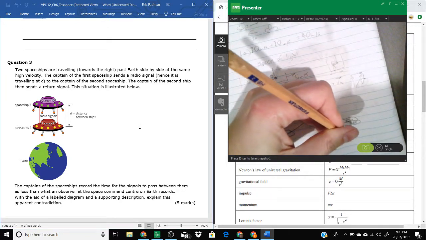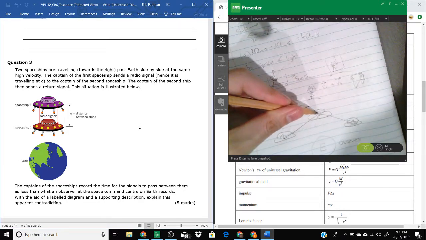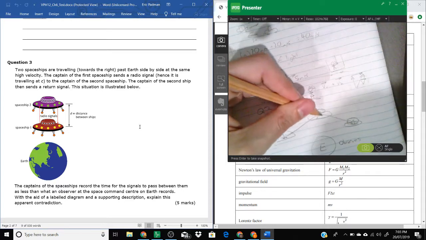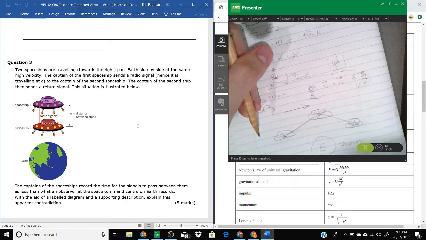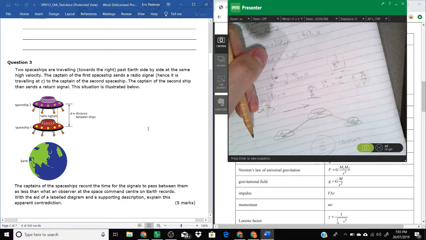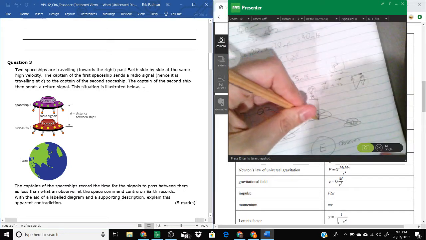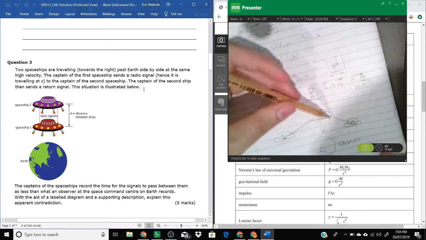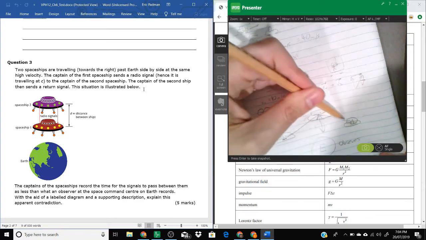So Earth observes the signal from 1 going to 2 over here, and then the return signal going down over here, because these are all moving relative to the Earth. The signal from the perspective of the ship's captain travels 2d from the time the signal is sent to the return signal. So the spaceships see this distance, whereas the Earth observes it as this, then that.